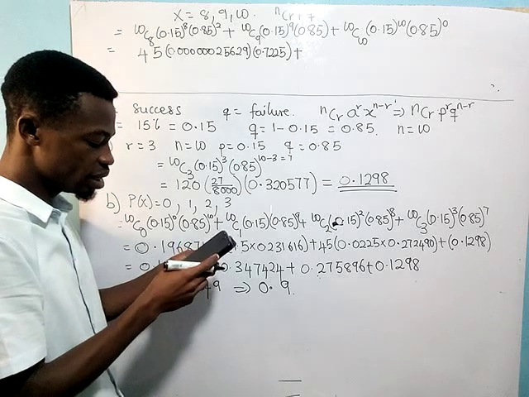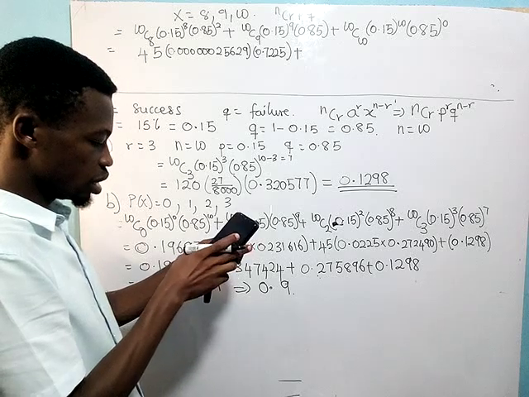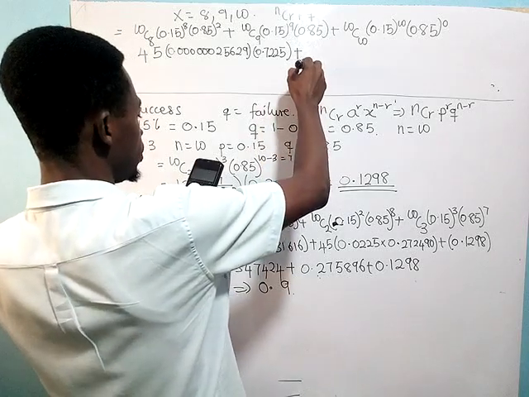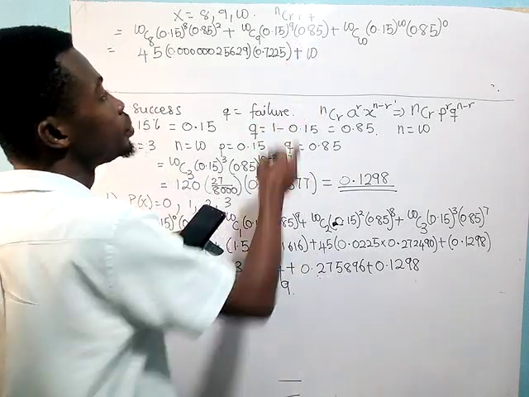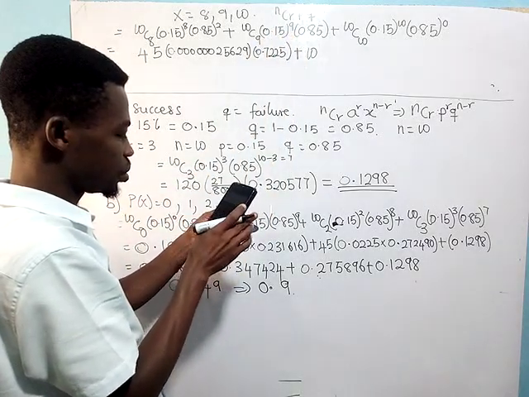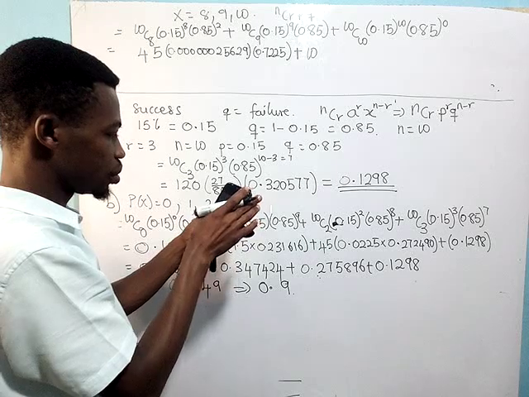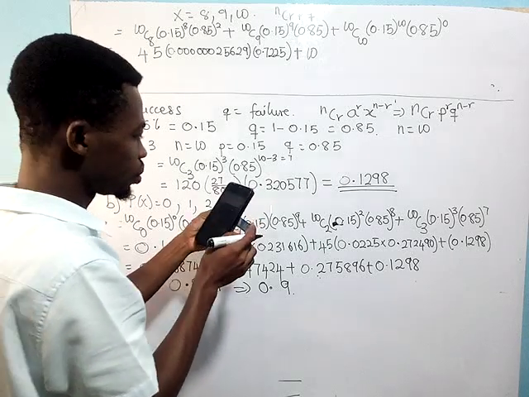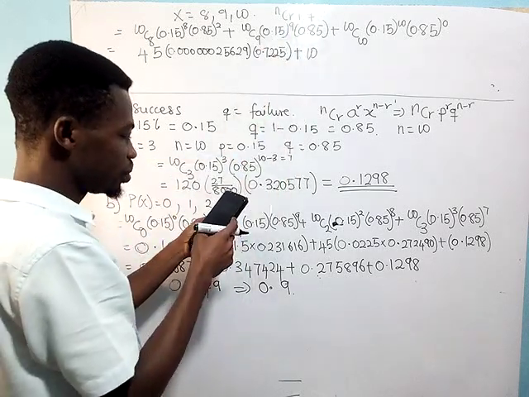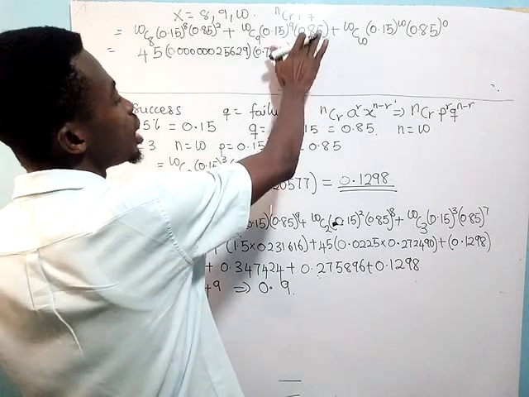Then 10 combination 9 gives us 10. Then 0.15 to the power 9 gives a very small value, times 10 straight away, then times 0.85.